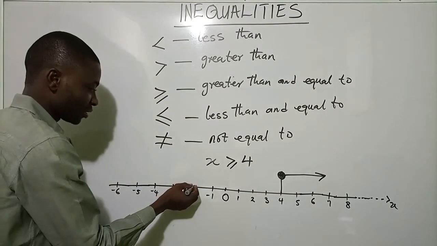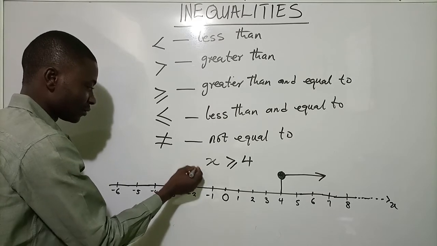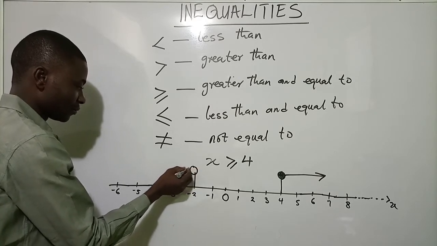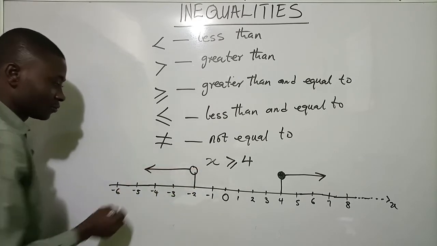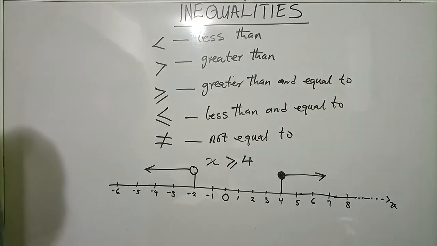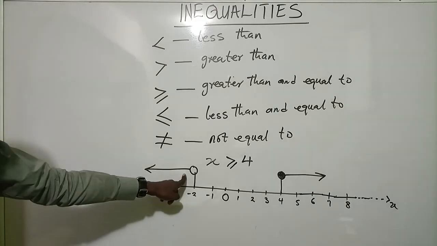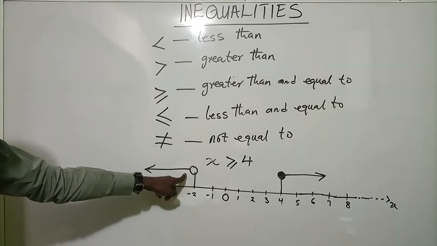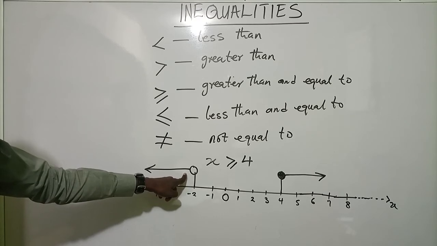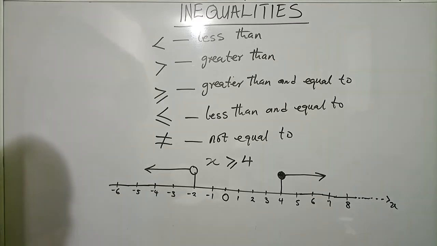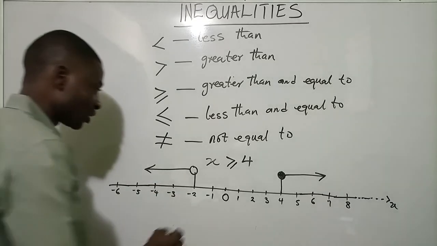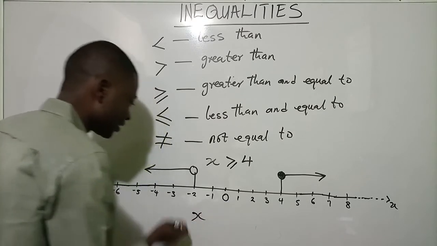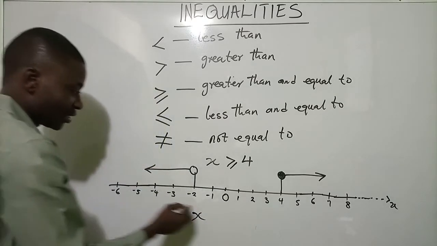Now let me take something else again. Let's assume we have something like this. You are asked to write out this inequality. What will be your answer? Of course, you agree with me that this will be x, facing this way.